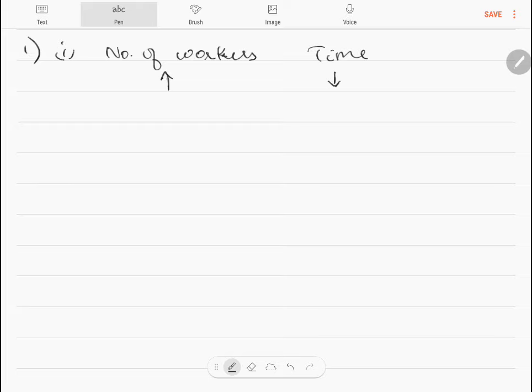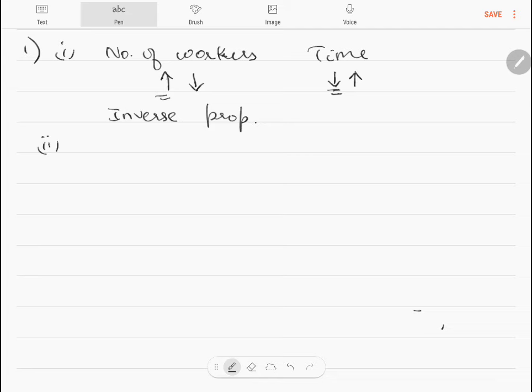If the number of workers decreases, the time taken to complete the work will increase. So, they are in inverse proportion.